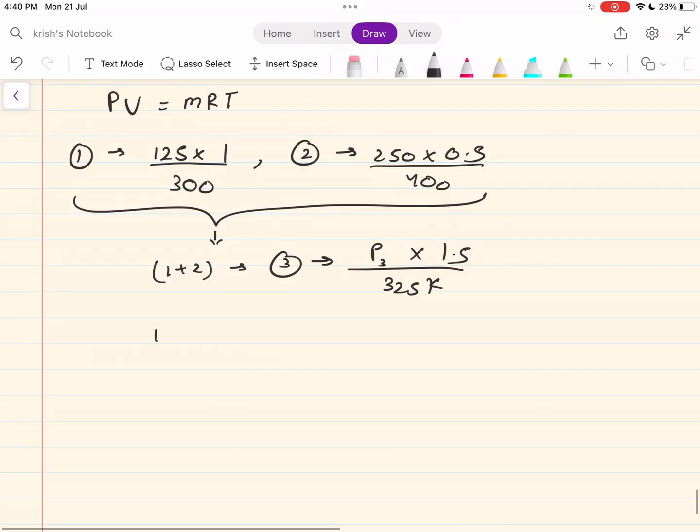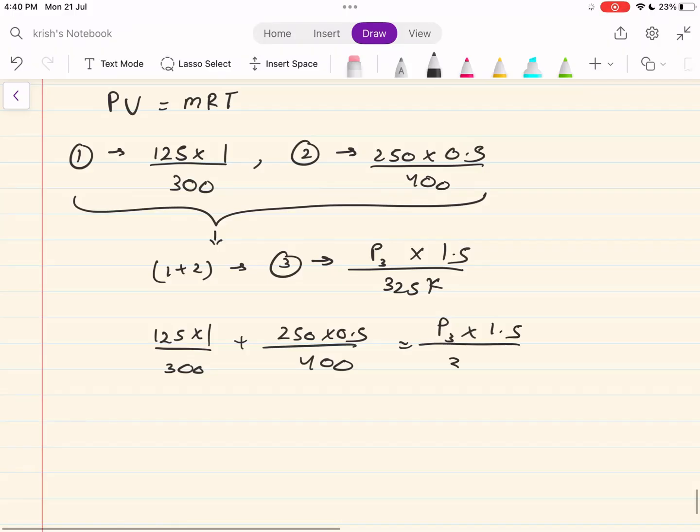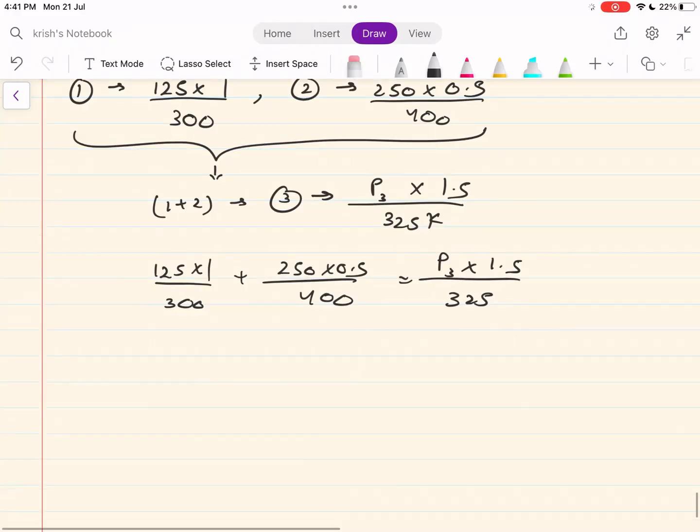So we can say 125 into 1 by 300 plus 250 into 0.5 by 400 equals P3 into 1.5 by 325. Upon solving this, our P3 will come out to be 157.98 kilopascal, which is approximately 158 kilopascal.